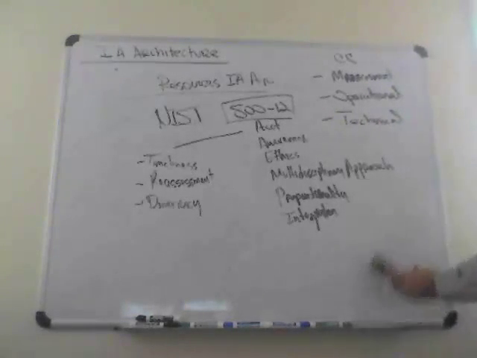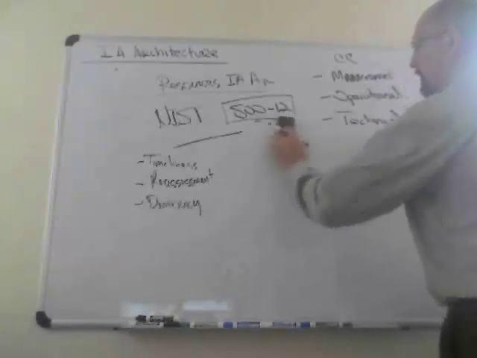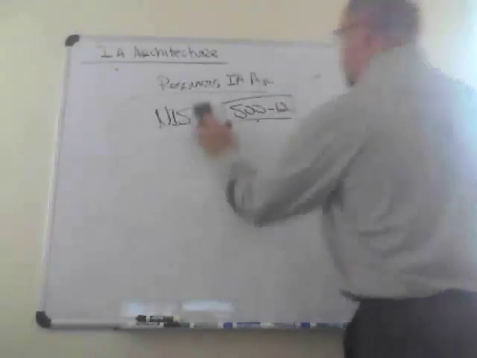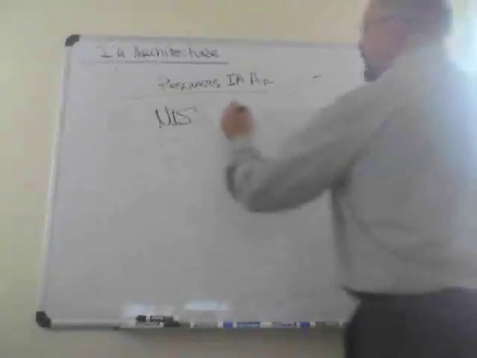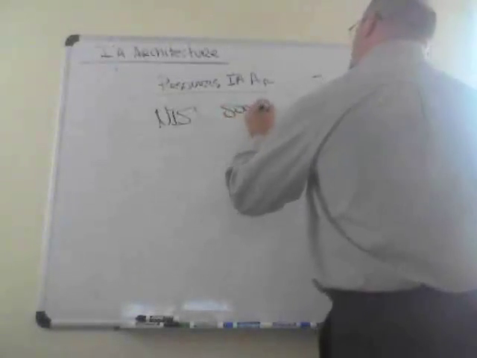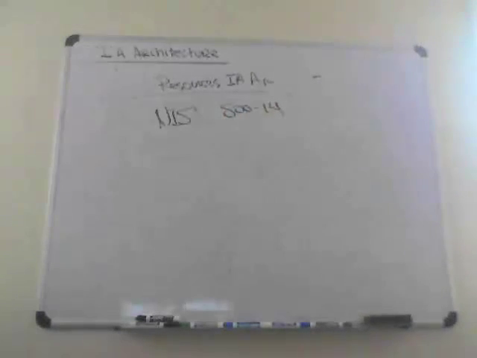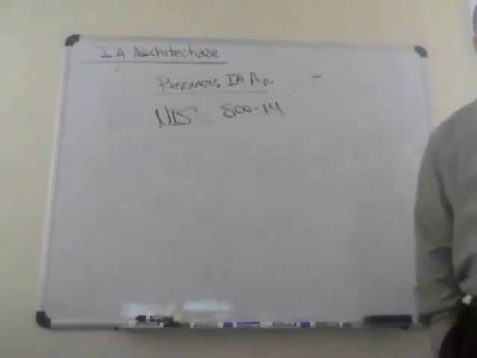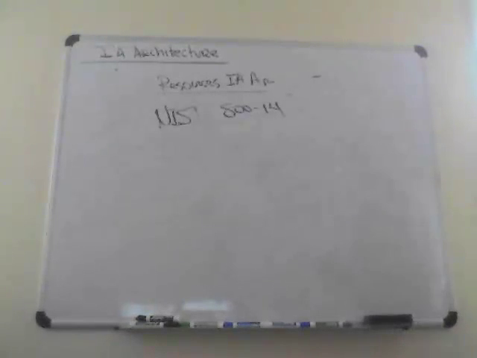Once you get done with 800-12, and you can use 800-12 almost for the entire plan, you should go look at 800-14. 800-14 is generally accepted principles and practices for information technology systems, and it really talks about recommended practices.